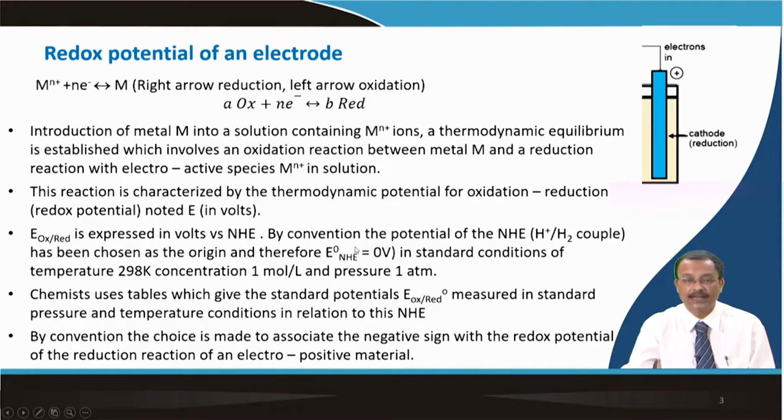So, this standard electrode potential for the reference is termed as 0, and based on that chemists have tabulated a table which gives the standard potential, particularly the reduction potential, and it is measured under standard condition, standard pressure, temperature and concentration of the electrolyte. So, by convention a choice is made, the negative sign with the redox potential of the reduction reaction of an electropositive material.